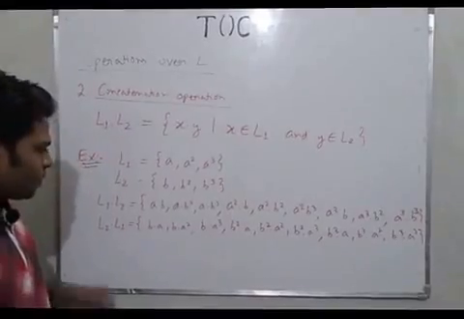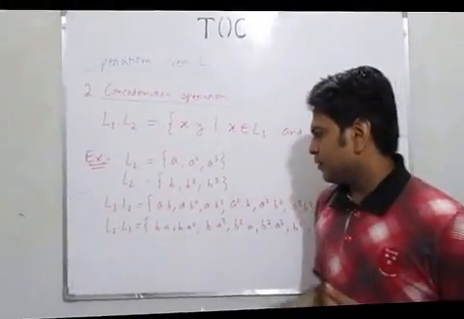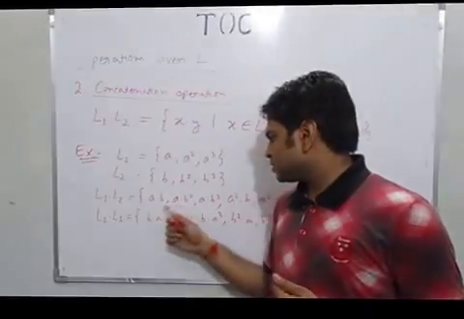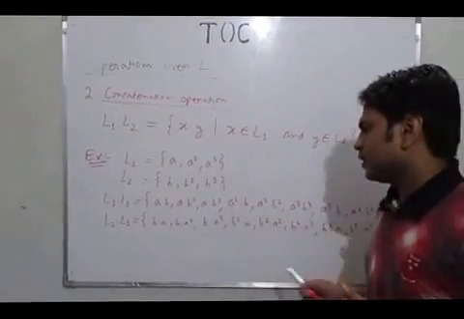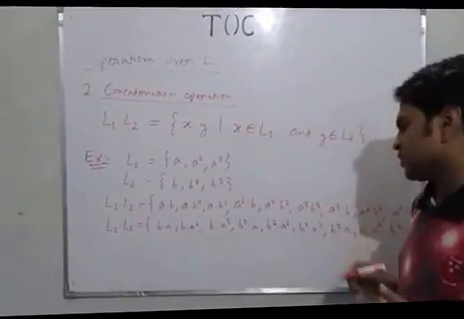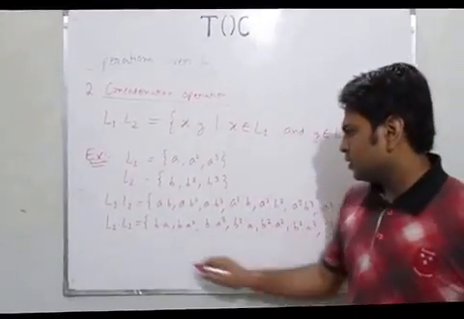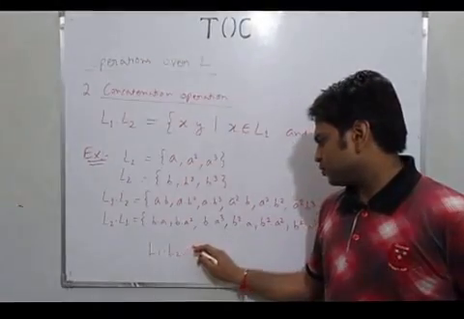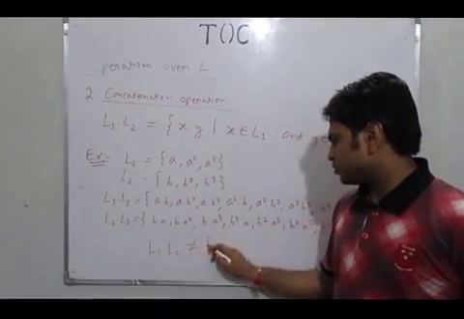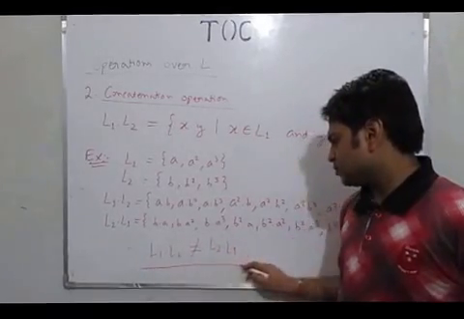So we can see that I have obtained L1 L2 as a collection of these strings, L2 L1 as a collection of these strings, and we can simply observe here that L1 dot L2 is not equal to L2 dot L1. I think it can be easily observed.